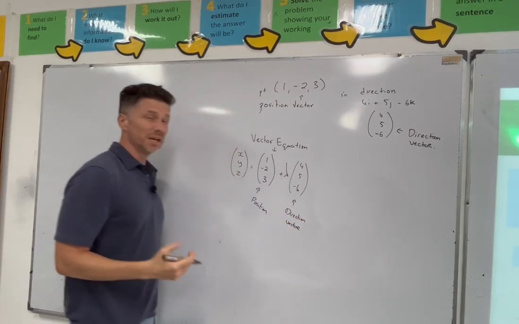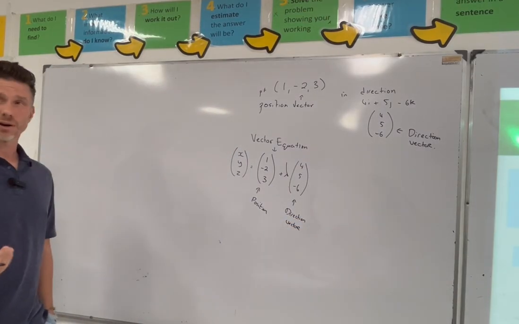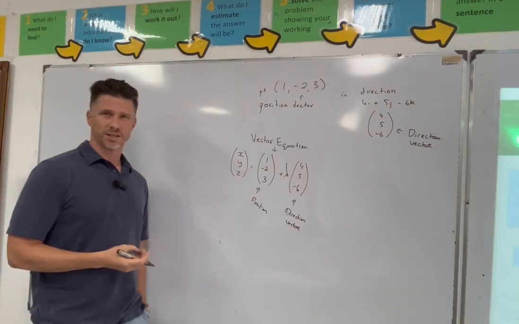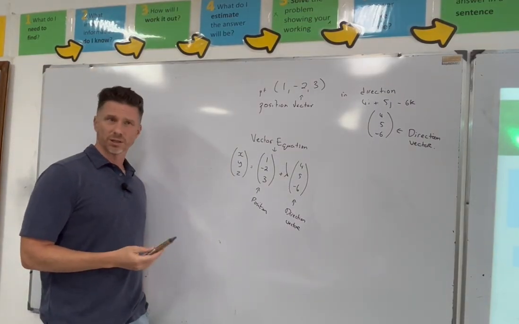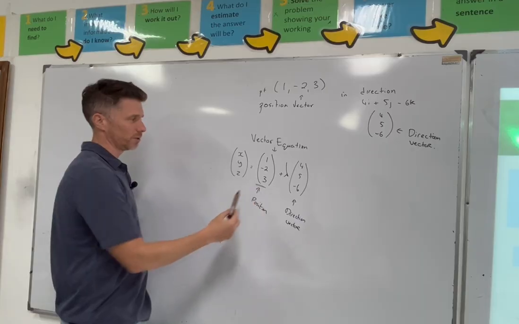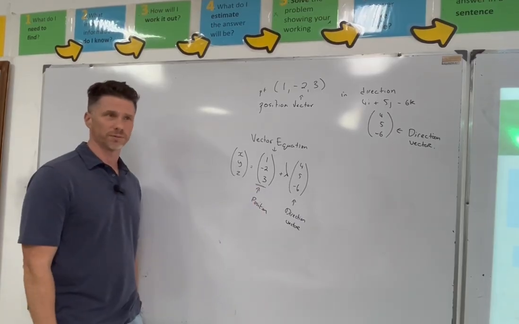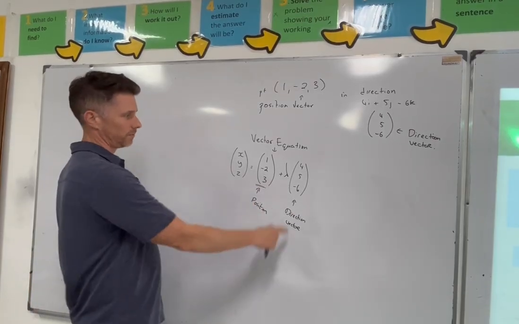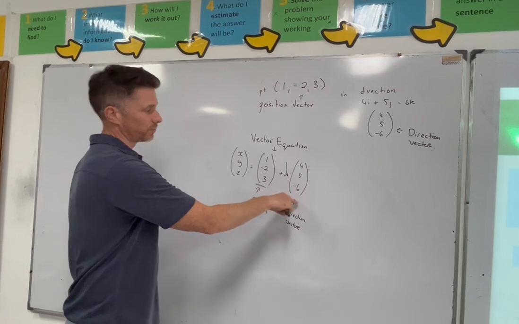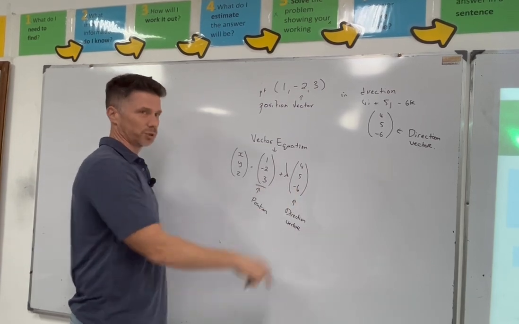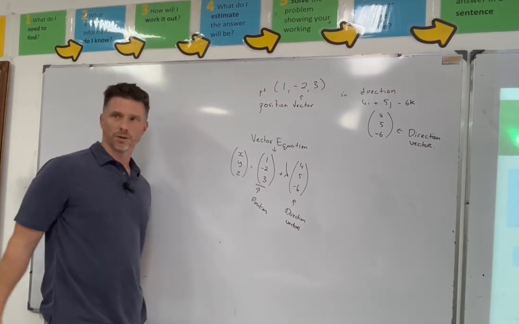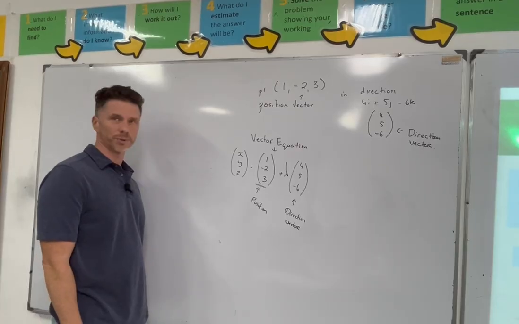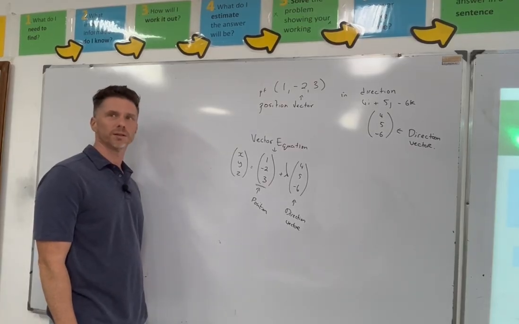Which means that vector equations aren't as unique as y equals mx plus c, because there's an infinite number of positions you could take along a vector equation. In its simplest form, maybe this is simplest, but you could have a multiple of the direction vector as well, and the position could be anywhere along the line.